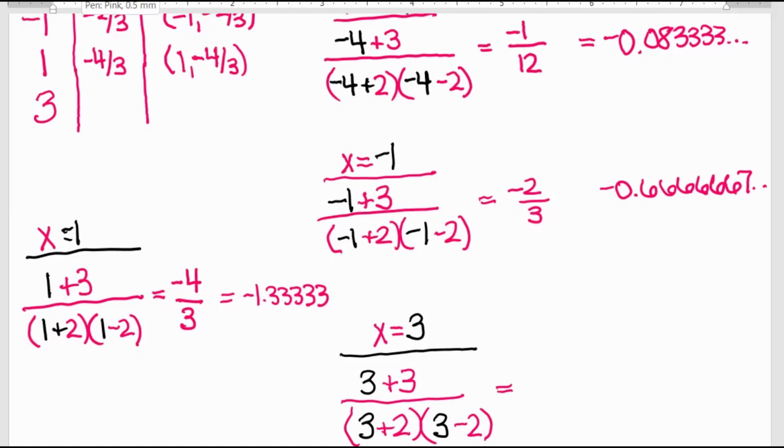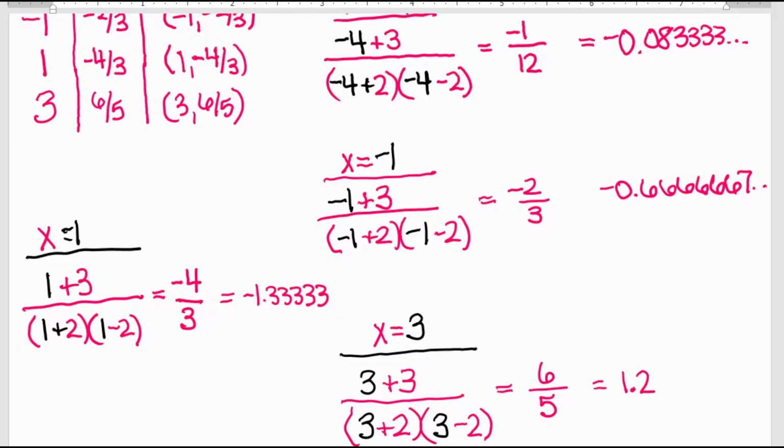We wind up getting 6/5, which in your calculator comes out to 1.2. But remember, we're going to use our 6/5 for our ordered pair. We'll use the decimal approximations to help us graph.